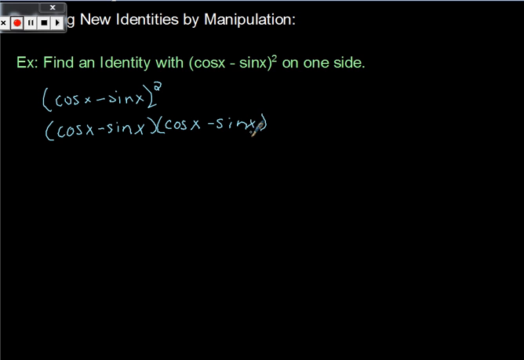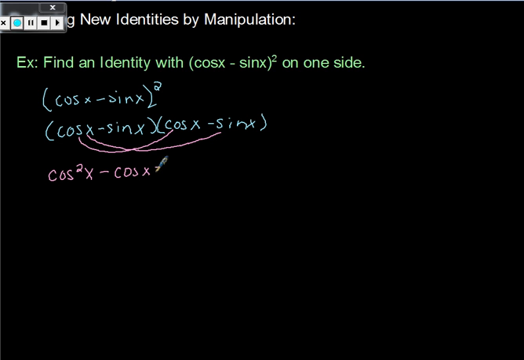Okay, so now we see two binomials being multiplied by each other. A binomial, of course, is a set of parentheses with two terms in it, one being cosine of x, one being sine of x. And what we want to do now is we're just going to FOIL. So we're going to multiply cosine of x times cosine of x, and we're going to get cosine squared of x. And then we're going to multiply cosine of x times negative sine of x.